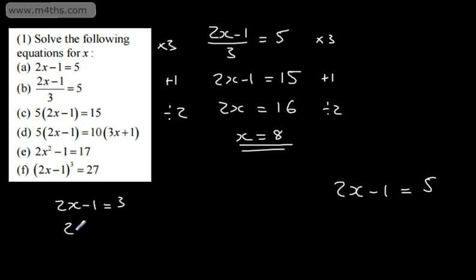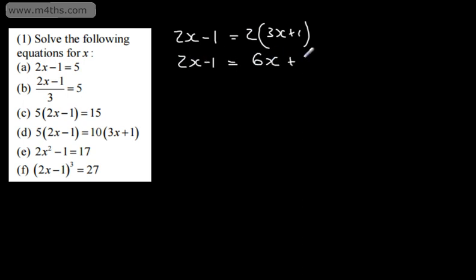Adding 1 to both sides, 2x is equal to 4. Dividing both sides by 2, x is equal to 2. Let's just check that works. Well, let's substitute in. If x is 2, 2 times 2 is 4, minus 1 is 3, 5 times 3 is 15. So we can see that x is equal to 2 is a solution, or the only solution to that equation.